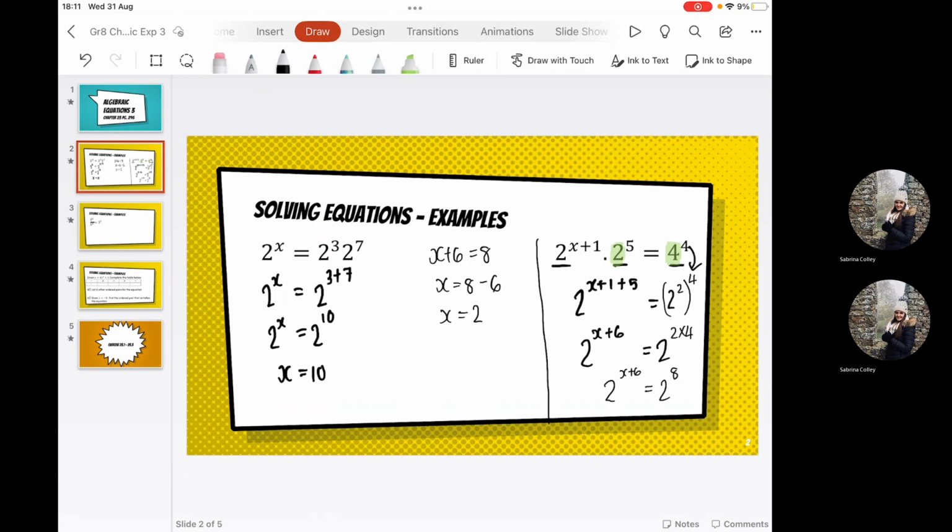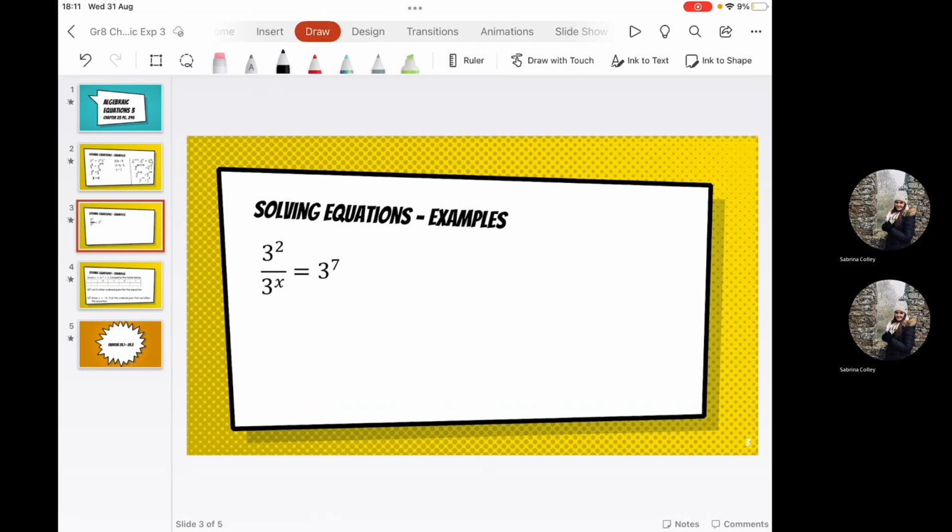Let's look at this slide here. We're going to keep in mind my exponential law that if I've got a to the power of n over a to the power of m, I minus my exponents. My bases are the same, so this 3 is the same as this 3, and I can apply my exponential law. So it will be 3 to the power of 2 minus x is equal to 3 to the power of 7.